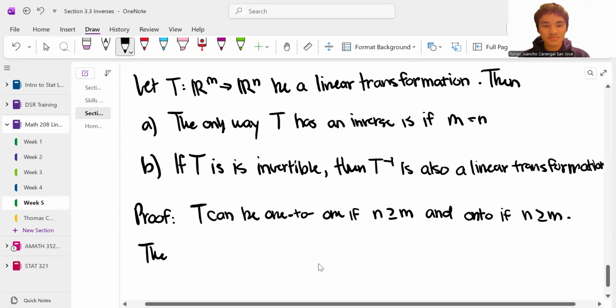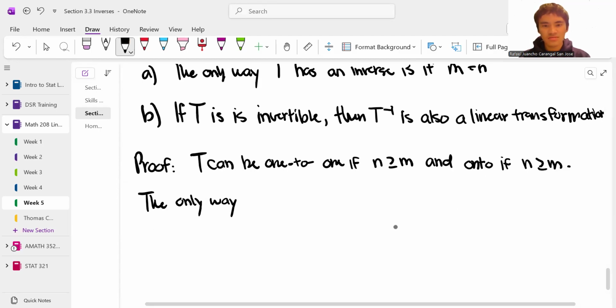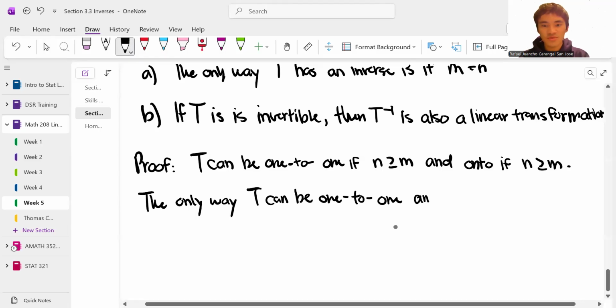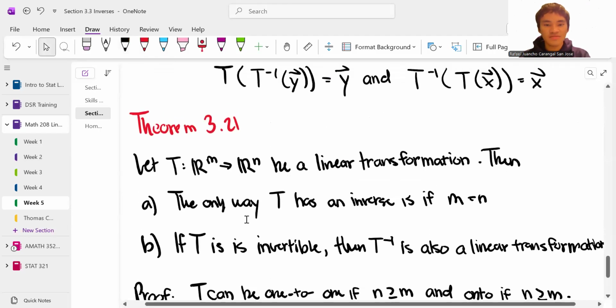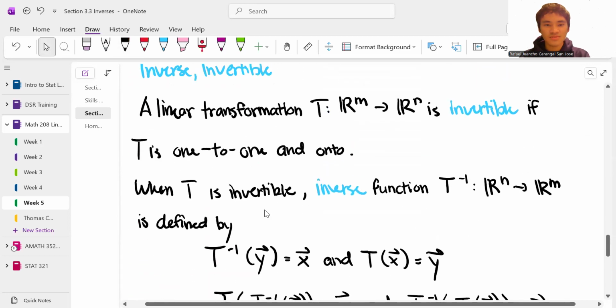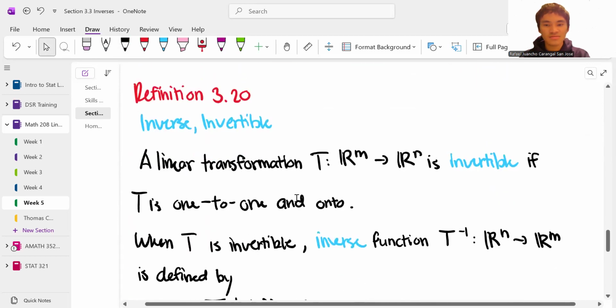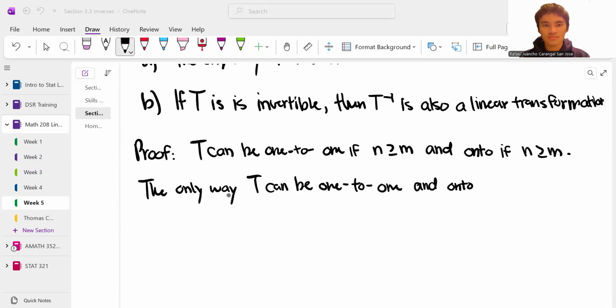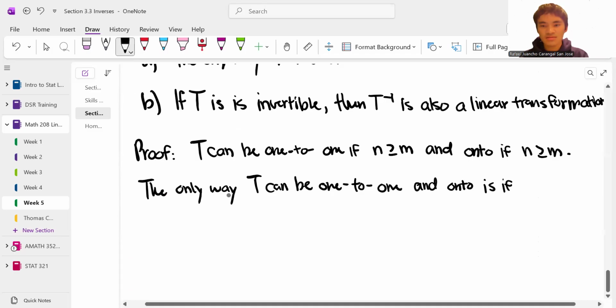And so the only way T can be one-to-one and onto, because we need it to be one-to-one and onto for it to have an inverse, is if they're equal, m is n.